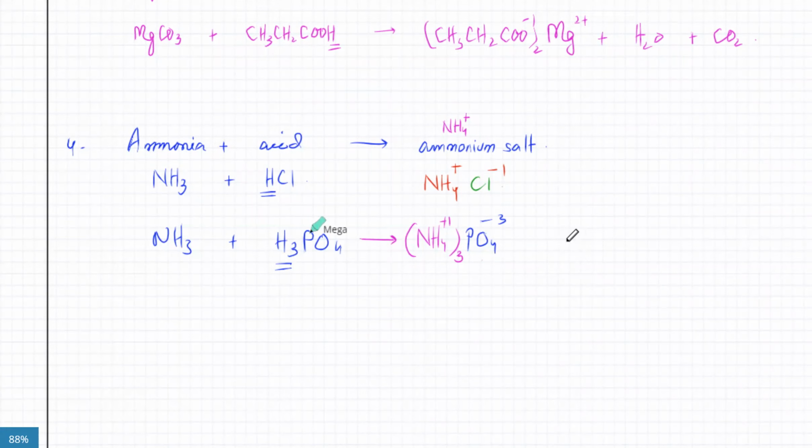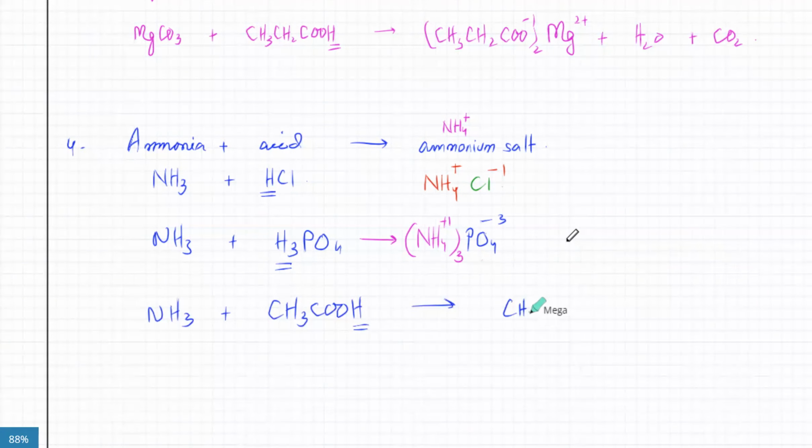When it comes to carboxylic acid, same thing. You've got ammonia, and let's say it's ethanoic acid, CH3COOH. So you OH का H, get rid of it and replace it with ammonium. That's it. In the end, replace the H with NH4 plus 1.